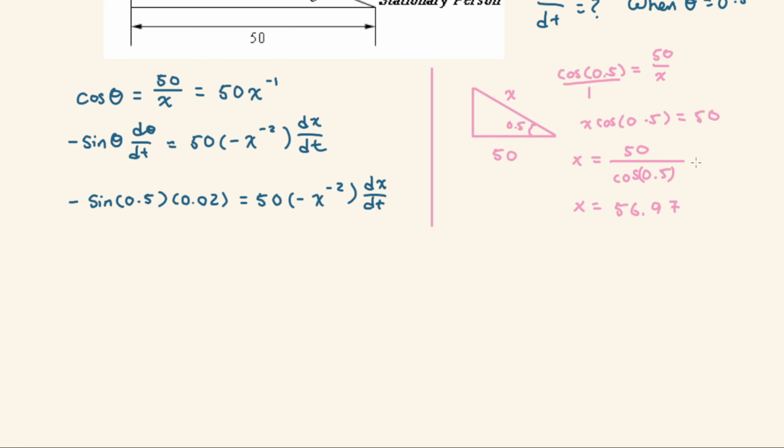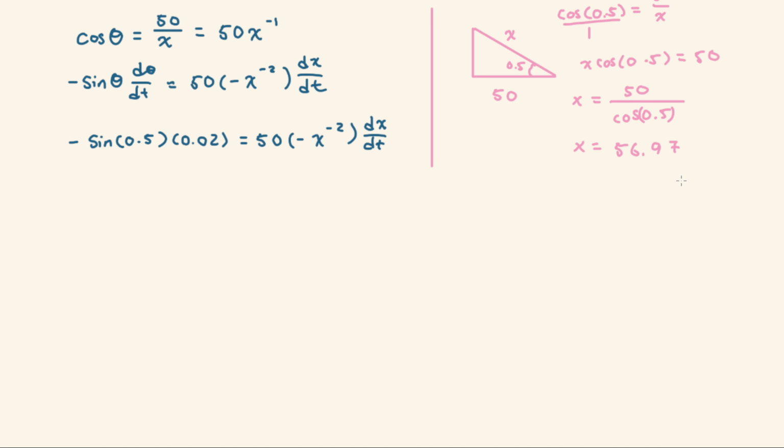Okay, so I'm going to scroll down a tiny bit here. All right, now we can plug in this 56.97 into that x. So on the left-hand side here, if we multiply this out, you're going to get something along the lines of negative 0.00959, and you're going to divide by whatever 50 times negative 56.97 to the minus 2 is, okay?